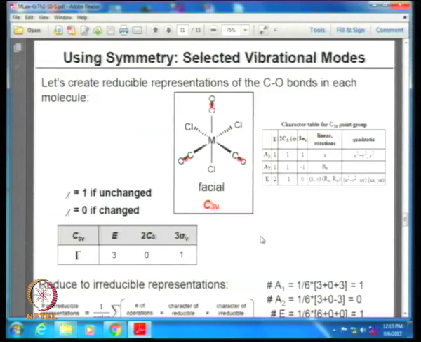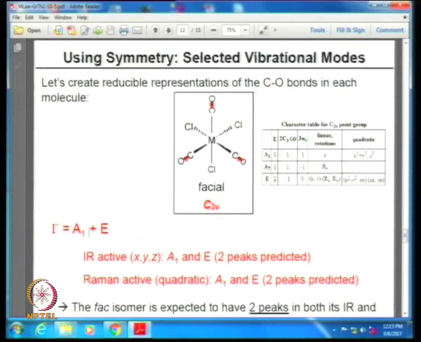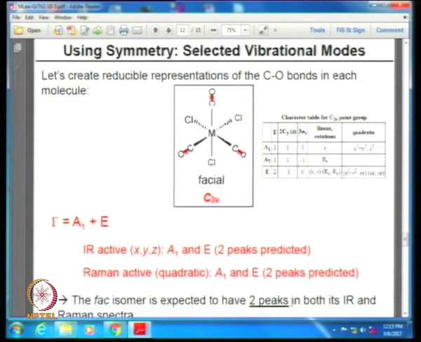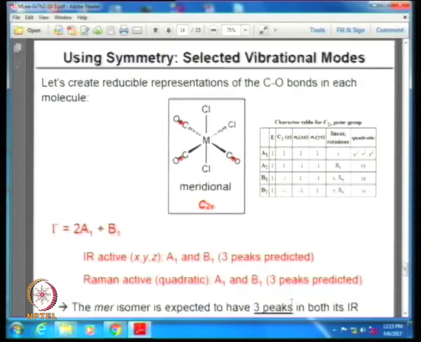So therefore the weightages of the various symmetry classes will reduce between the two, and from that you can see that the FAC isomer is expected to have 2 peaks in both its IR and Raman, whereas the other one, which is only C2V, has 3 peaks in both its IR and Raman.